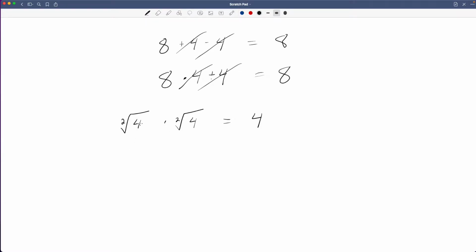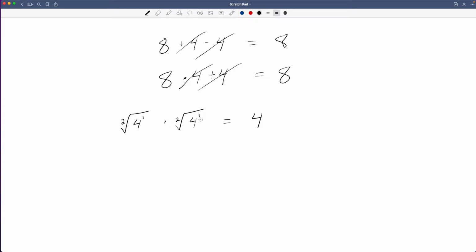And we know that when a number is used once, it has an exponent of 1. It has that invisible exponent of 1. It just tells us how many times that number is being multiplied. And when we have the same number multiplied times itself, we can add those exponents together. That's the rule of exponents.